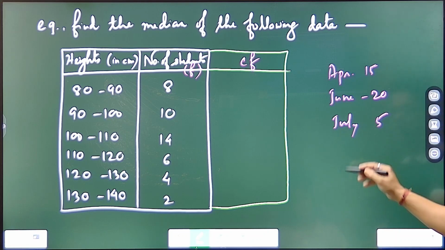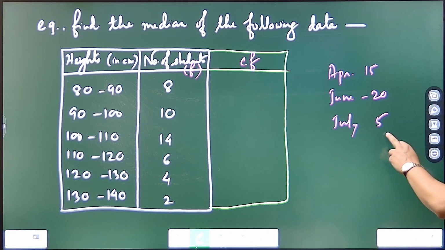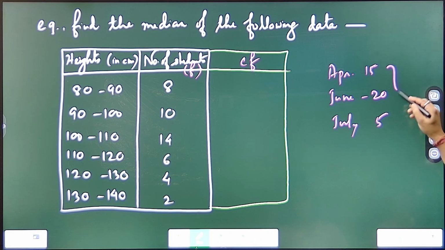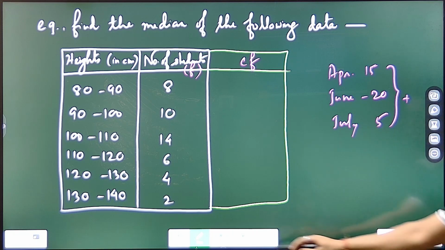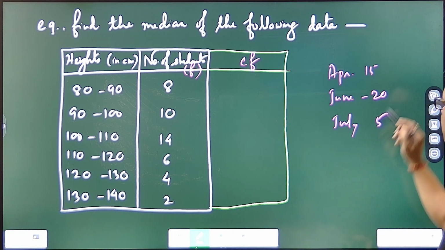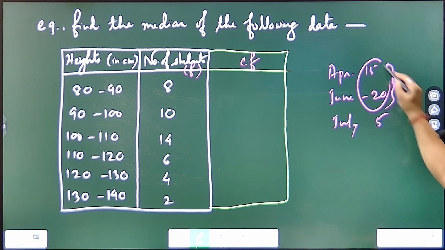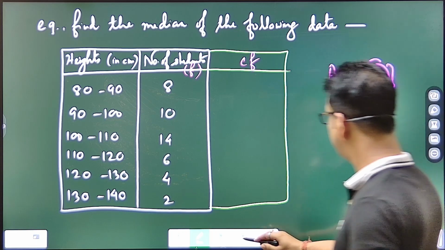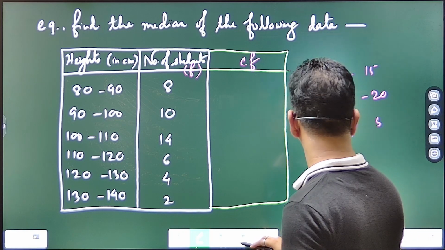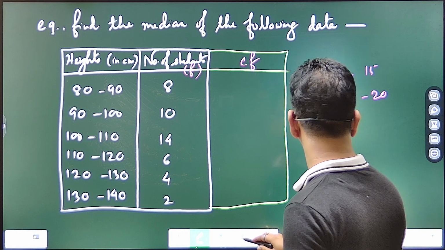So what is your cumulative attendance till July? You just add all three. Cumulative refers to total. If it is your cumulative attendance till June, then these two will be added. So cumulative means total till that day or that month.